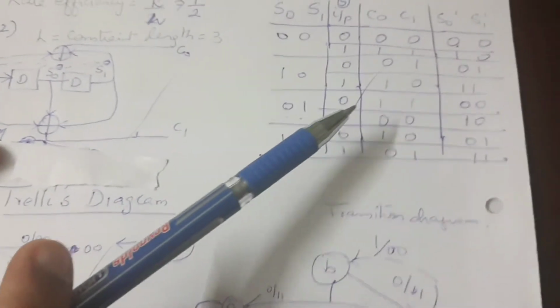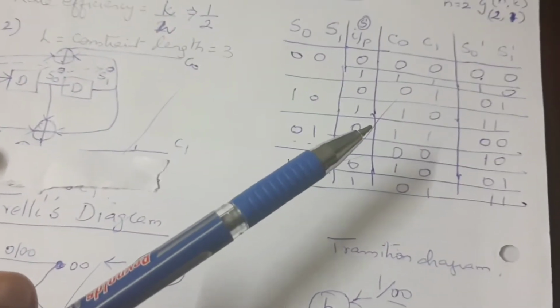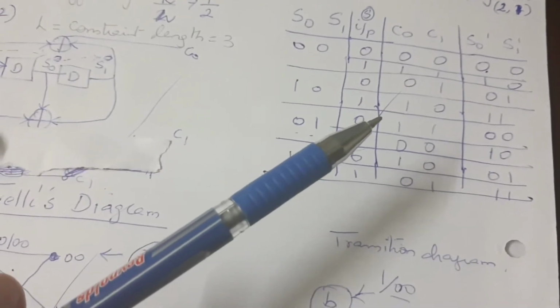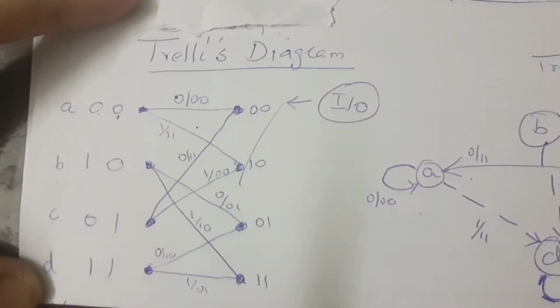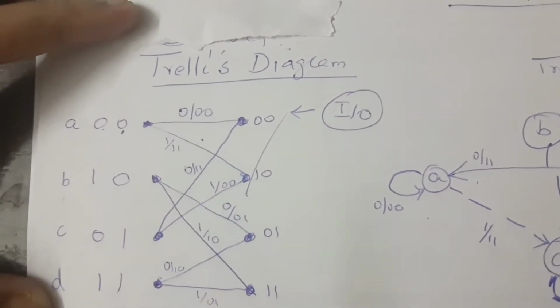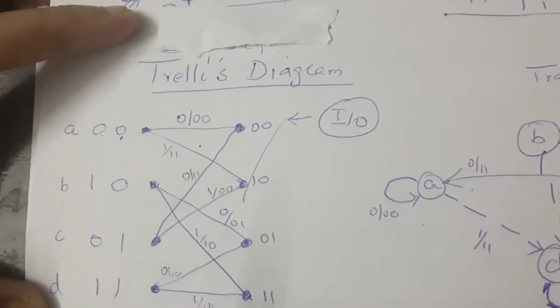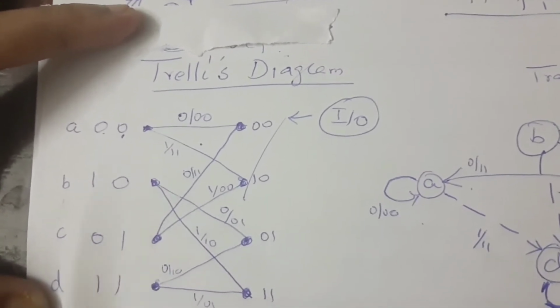Now this encoder output is represented by using a diagram called the Trellis diagram. So the Trellis diagram will say how we are able to develop an encoded output under the convolution coding algorithm.